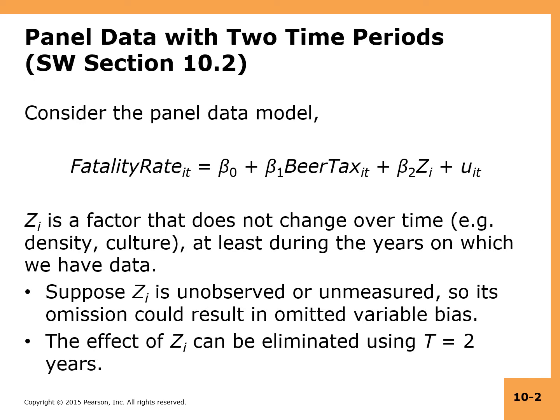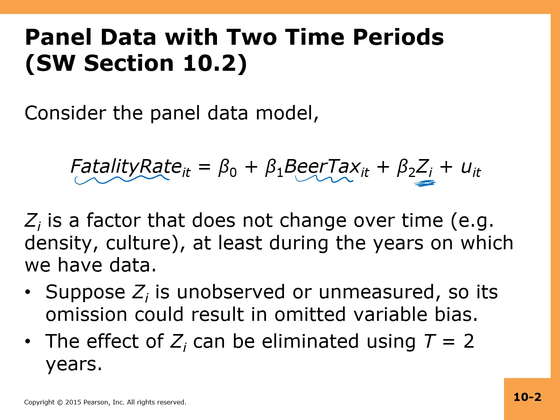Let's consider the panel data model, where we have a fatality rate as a dependent variable and beer tax as our variable of interest. Let's say that there's a variable Zi that is an omitted variable that doesn't change over time. So for example, the traffic density or the culture toward drinking and driving that doesn't change over time could be considered as some factor.